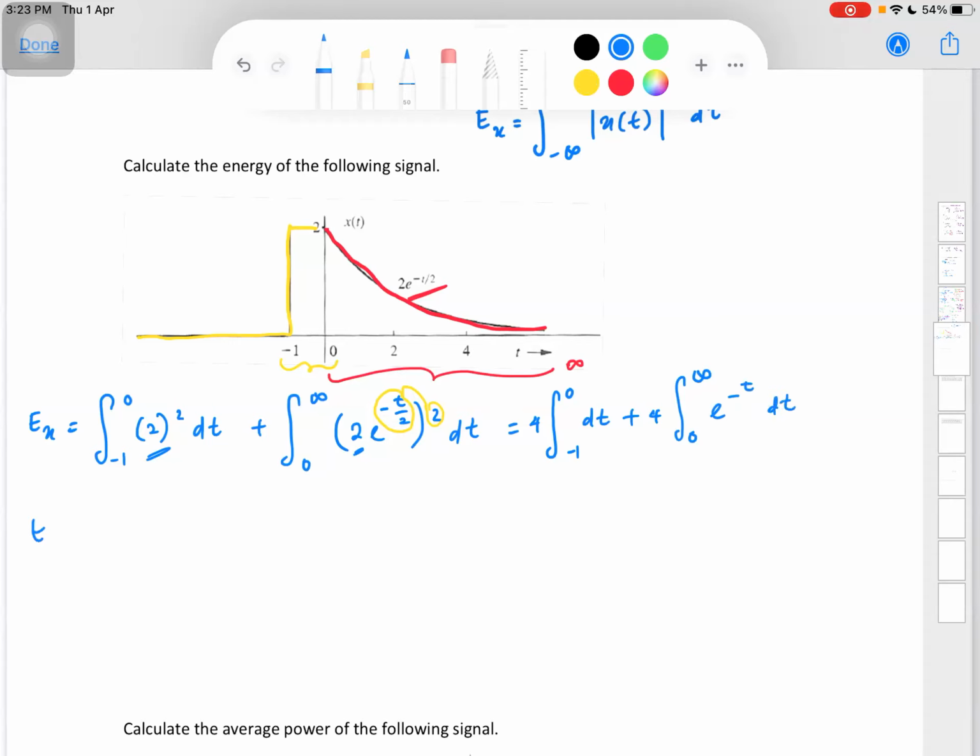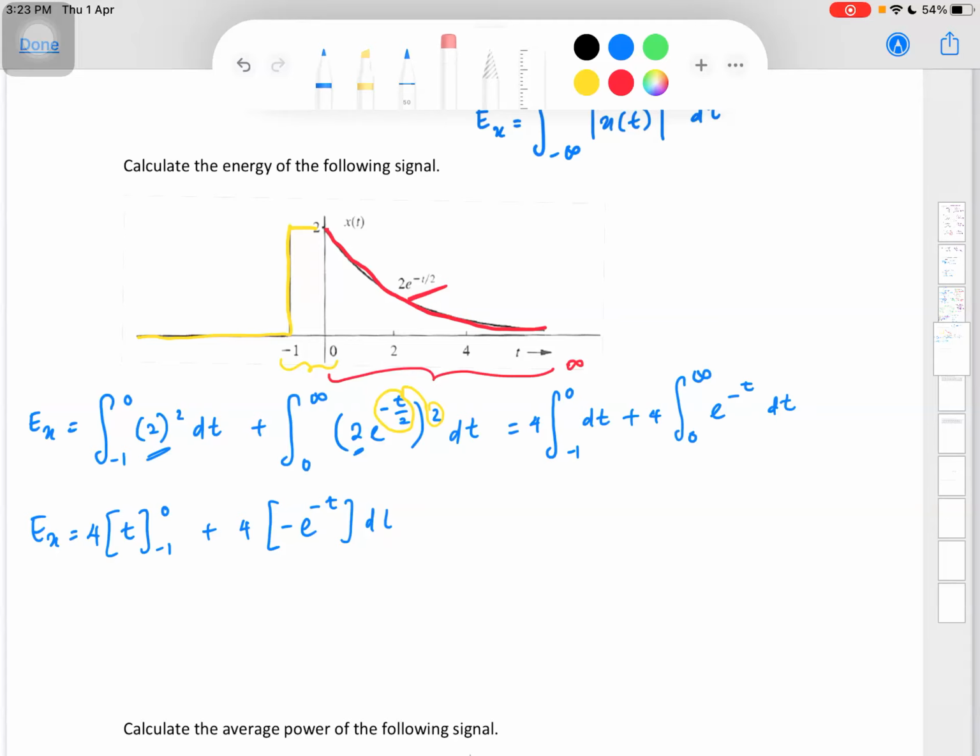Now we integrate them. For the first part, we will have t only, from -1 to 0, plus 4 times this one, we will have -1 times e to the minus t.